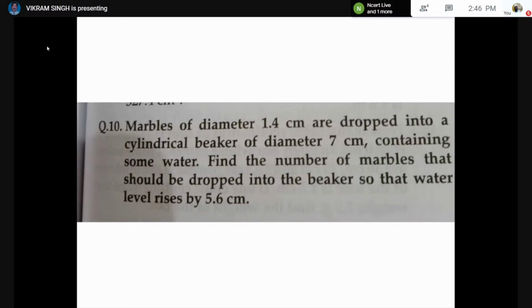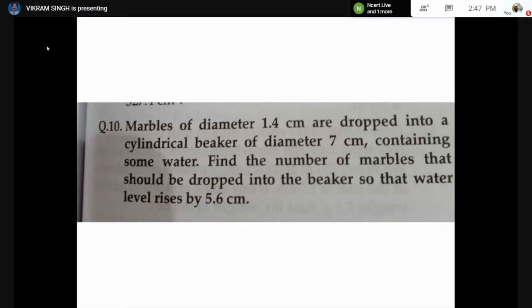A beaker is a type of instrument we use in labs. Beaker of diameter 7 centimeter containing some water, which means the beaker is not fully filled with water. Find the number of marbles that should be dropped into the beaker so that the water level rises by 5.6 centimeter.